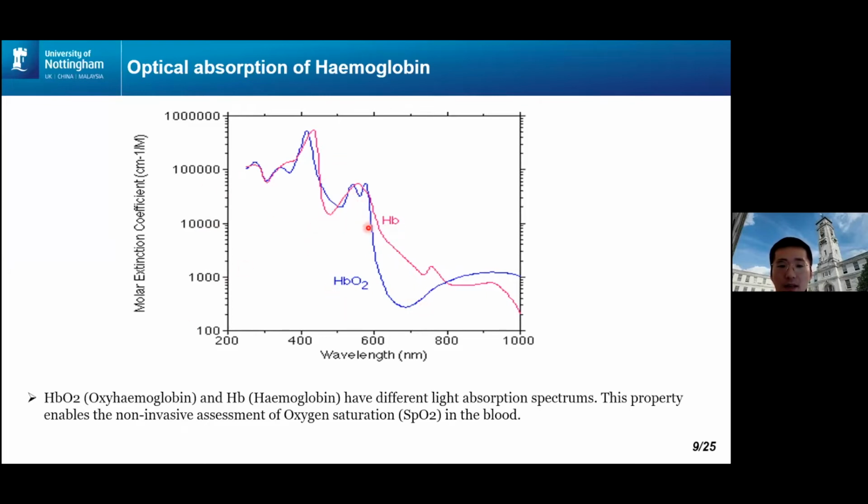The pink line shows deoxyhemoglobin, and the blue trace is oxyhemoglobin. And as you can see, the two spectra are quite different at several wavelengths. So this property enables the non-invasive assessment of oxygen saturation. We call it SpO2 measurement in the blood.